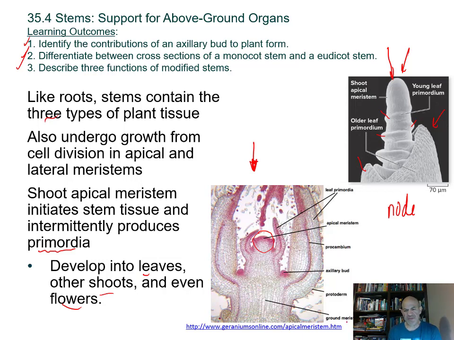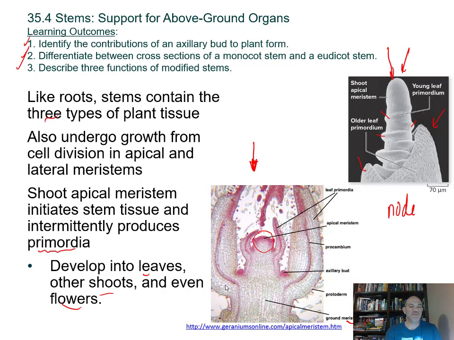And so you see some of those labels here, like this is ground meristem. So this is still a very young, immature part of the stem. And these cells still have to go through differentiation, just like that which was occurring in the root, where you had the elongation and then the maturation stage overall.